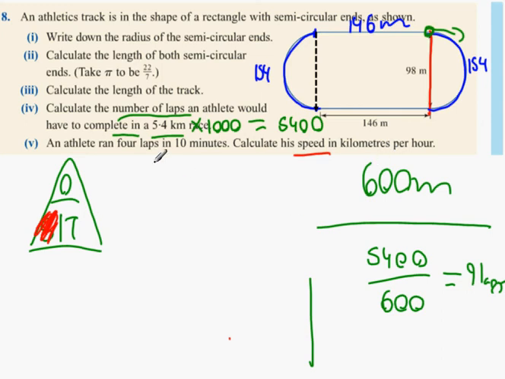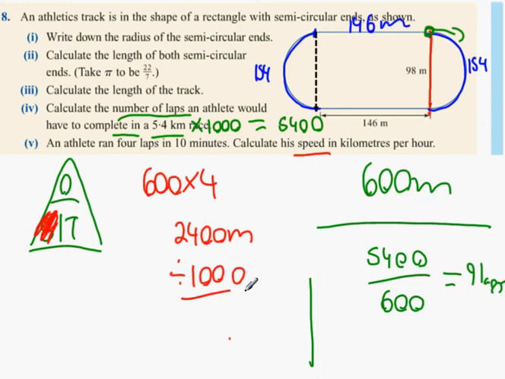Okay? So if you ran 4 laps, how far did you run? You ran 600 multiplied by 4, which is 2,400 meters. How do you turn meters into kilometers? You divide by 1,000. 2.4 kilometers. You happy with that?